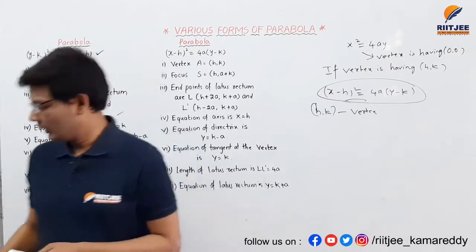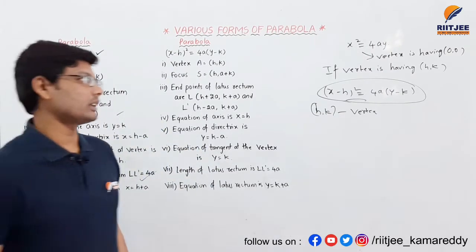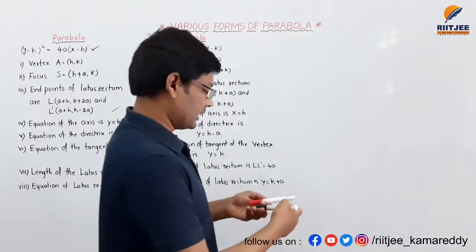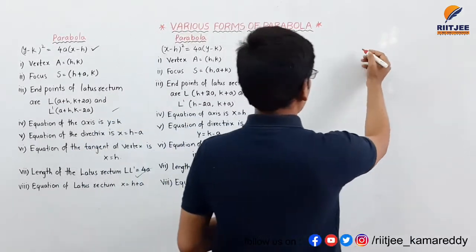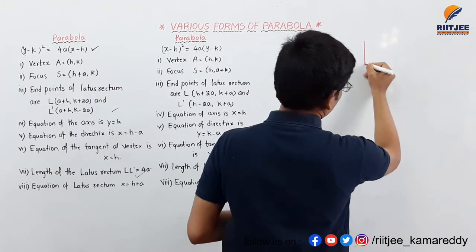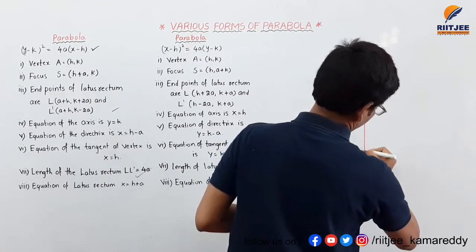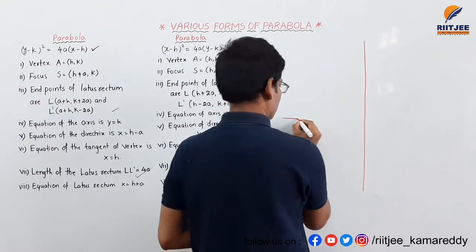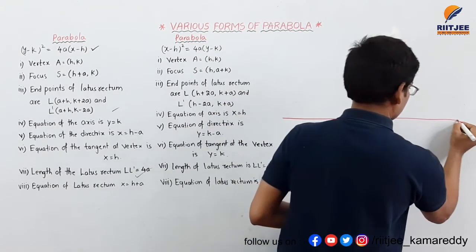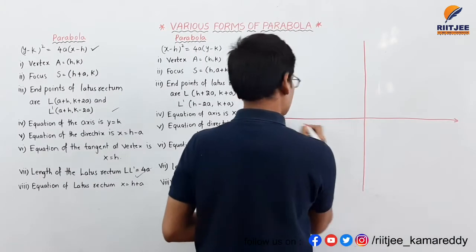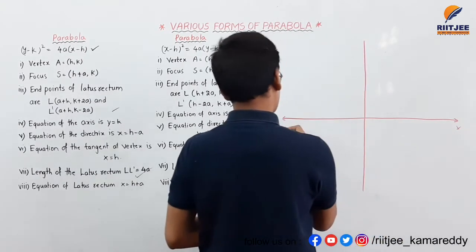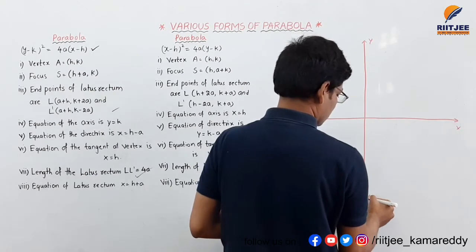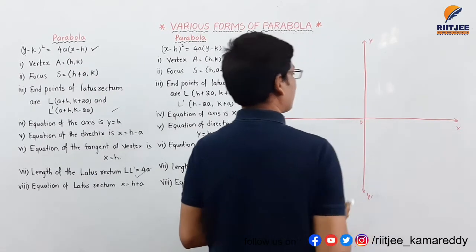And the next one, if you look at the diagrammatic representation for this parabola, this is a coordinate axis I am drawing here. This is x dash, this is y dash, and this is the origin 0, 0.